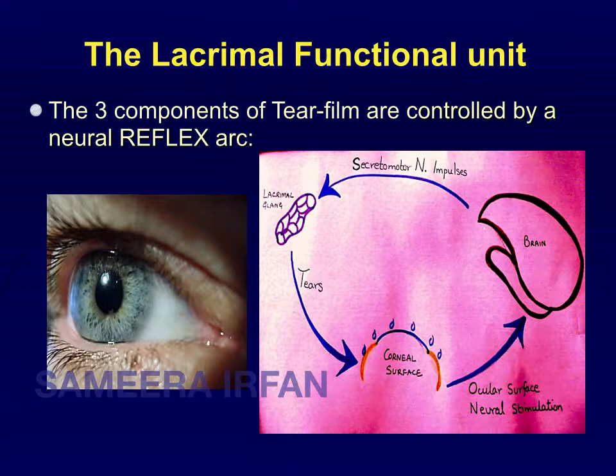They send impulses to the brain and via the secretomotor nerves to the lacrimal gland, accessory lacrimal glands, and the meibomian glands. There is outpouring of aqueous and meibum, and that replenishes the tear film.